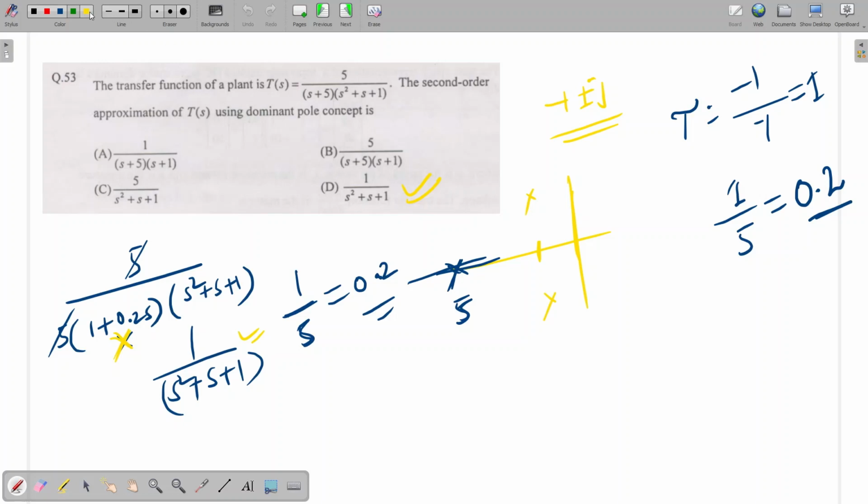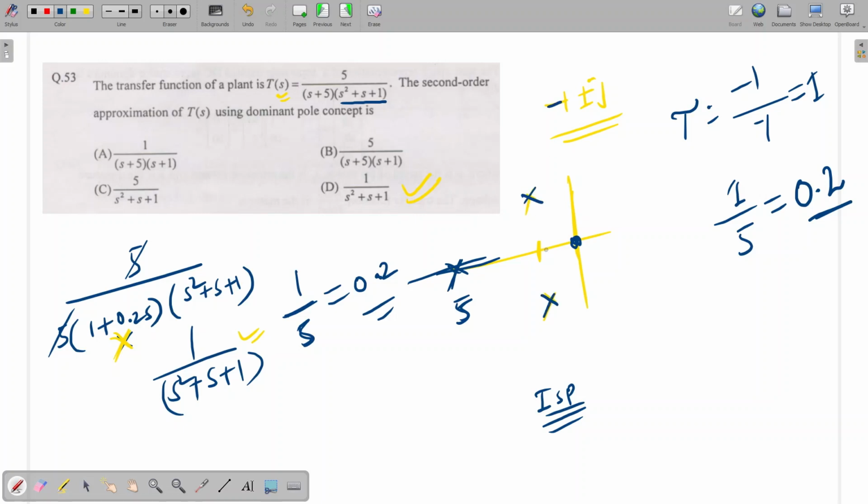See, this is the transfer function given. One rule I have told: insignificant pole. What is an insignificant pole? The dominant pole will always be nearby the origin. Here, if you see this s square plus s plus 1, we are getting minus 1 plus or minus j.